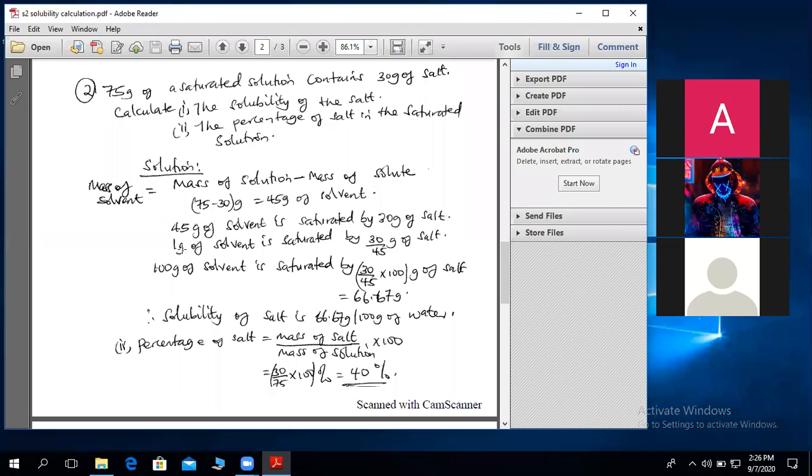What about 1 gram of solvent? We are dividing by 45 here, by 45 here. Then we get 30 out of 45. To the person who keeps saying 45 out of 30, please see what we are doing. To get 1 here, we have to divide by 45, by 45.